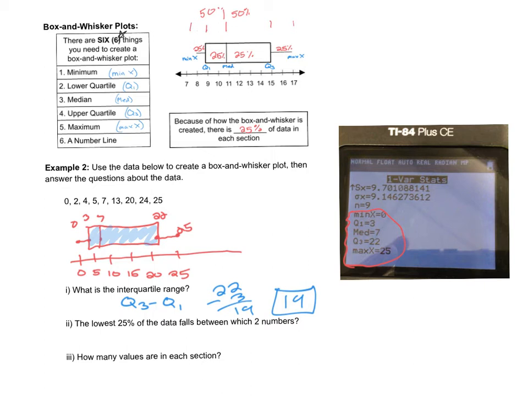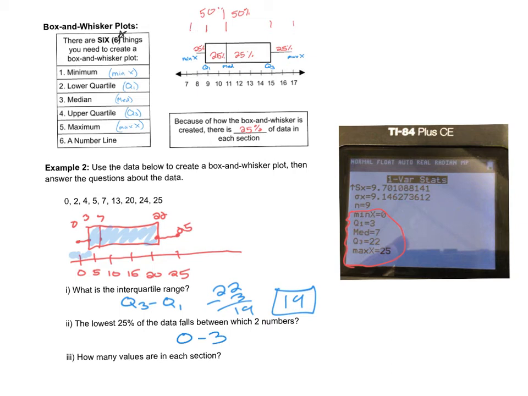Next question is having us look at the lowest 25%. Well, each one of those sections is 25%, so the lowest 25% is going to be down here. And that range falls between, looks like the lowest we had was a 0, and then our Q1 value was 3, so between 0 and 3.